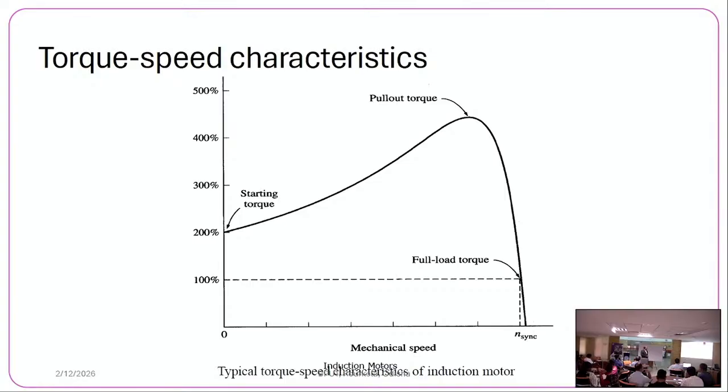After that it quickly accelerates, speed increases, and the torque also increases. Finally it quickly reaches the point where the maximum torque is developed, and after that, based upon the rated load torque, it operates at a particular speed. This part, from maximum torque onward, is the stable region. This part is the unstable region.